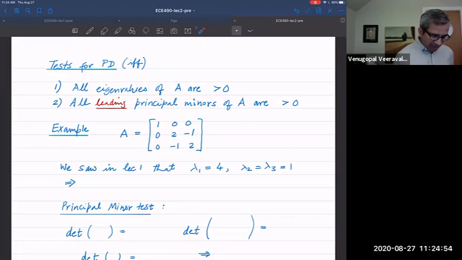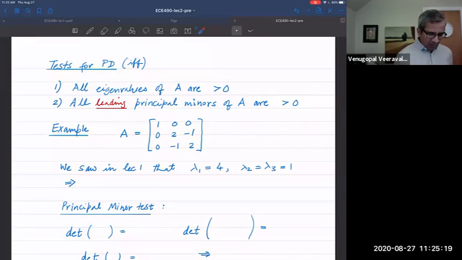So if I, for example, to create a principal minor, I could delete the first row and the first column, and this is the matrix I would obtain. Or I could delete the second row and second column, and then I get 1, 0, 0, 2, okay? Or say the third row and third column, I get 1, 0, 0, 2, this one.